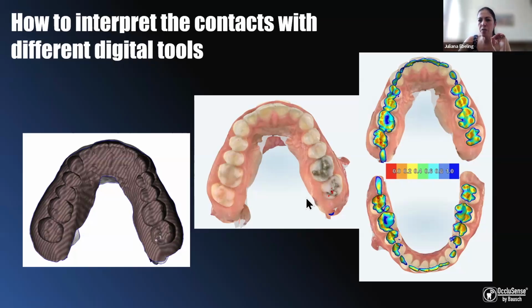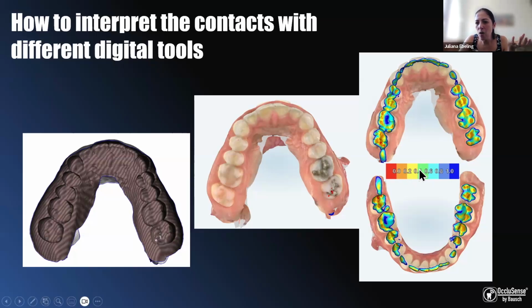This is a picture from iTero, and look, the blue areas from the iTero are from 1 millimeter distance of these meshes. This is a lot of space. 1 millimeter is a lot of space for occlusal contact.